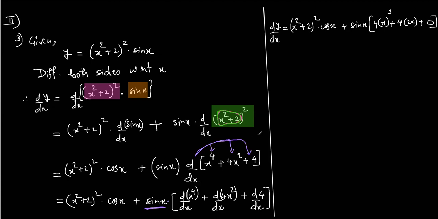So the next step, dy by dx equals x square plus 2 square into cos x plus sine of x, multiplied by 4x cube plus 8x. The derivative of 4 is 0, because d by dx of a constant is 0. You can replace this part again and check. Thank you.